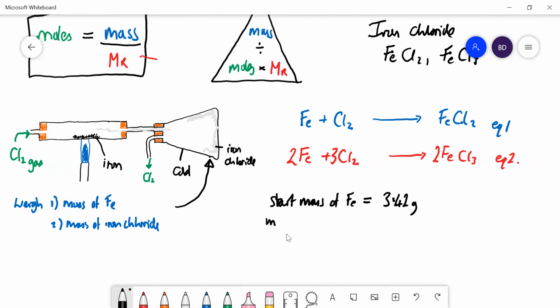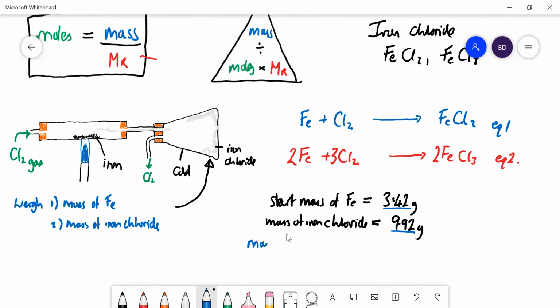The mass of iron chloride made is going to be more than that, and that was actually 9.92 grams. Now, it's probably useful here to work out the mass of the chlorine that has reacted. That is simply the difference between these two masses: the iron, and the iron chloride. So 9.92 minus 3.42 is the mass of the chlorine.